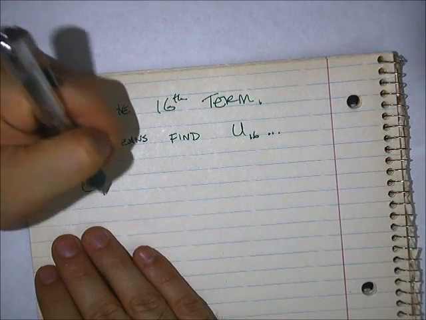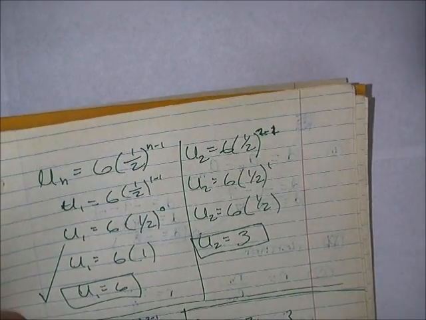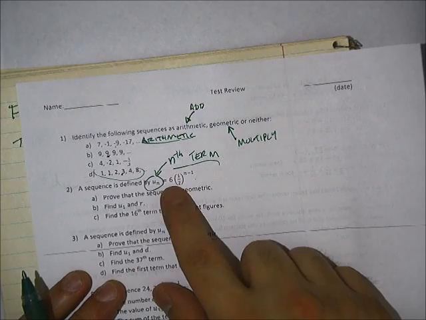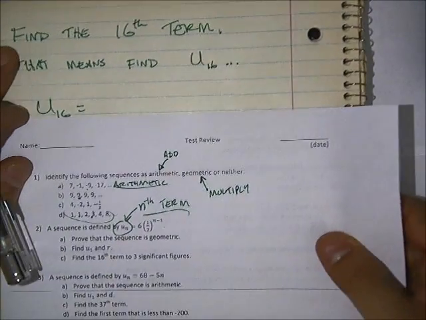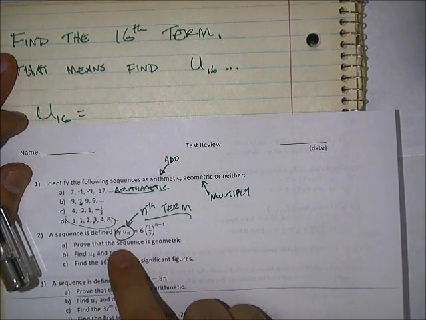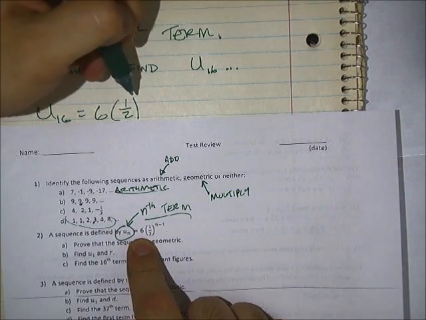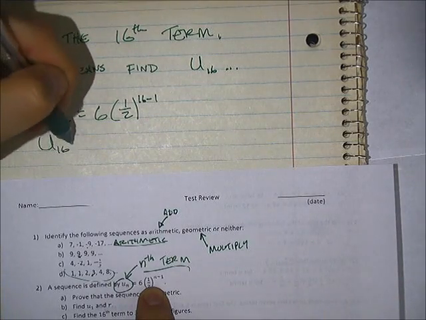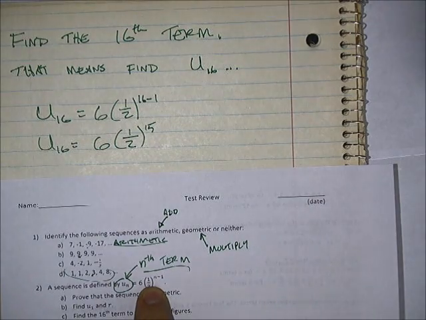So u sub 16 is equal to, I'm going to look back at the equation that I was given right here. So u sub 16 is going to be equal to 6 times 1/2 to the 16 minus 1. U sub 16 is equal to 6 times 1/2 to the 15th power.